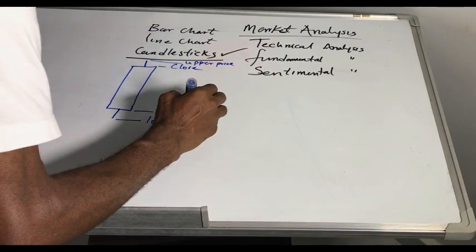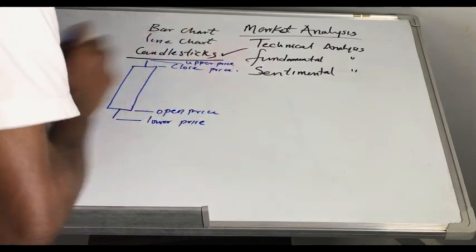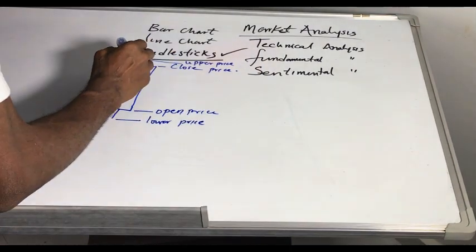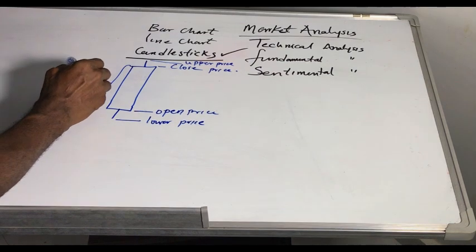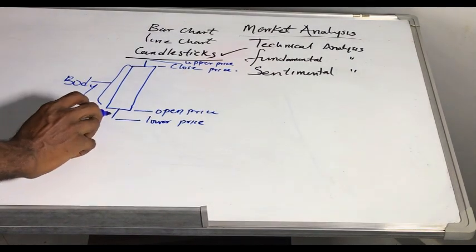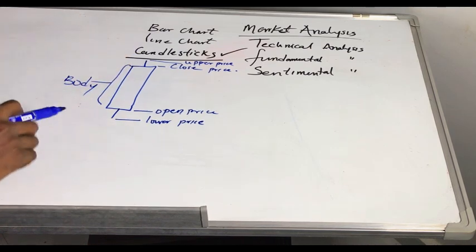And so from here to here is what we call the body of the candle. This is the body of the candle. Then we have the lower wick, the upper wick.